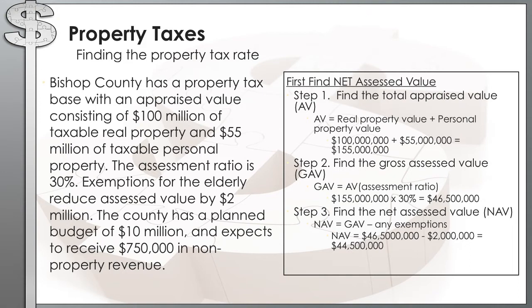And normally the gross assessed value will include an assessment ratio, okay? Now the assessment ratio basically is a percentage that's given by policy in most instances, designed to figure out what a taxable liability would be for a property, okay?